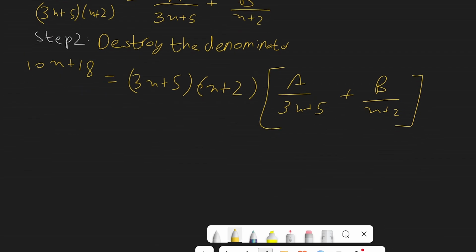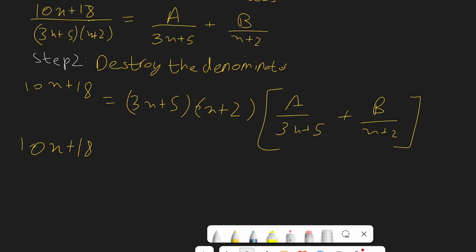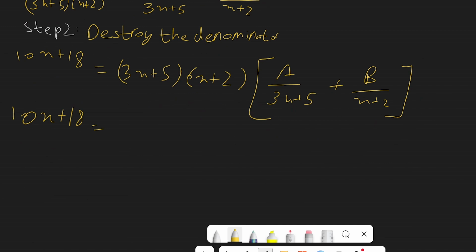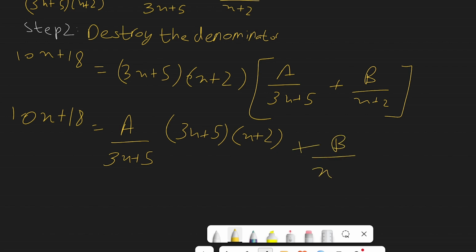Now we could write it in more elaborate form. 10x plus 18 is equal to, first let's multiply this with the first term: a over 3x plus 5 times 3x plus 5 x plus 2. And then we have b over x plus 2, and again we multiply the entire thing, 3x plus 5 into x plus 2.